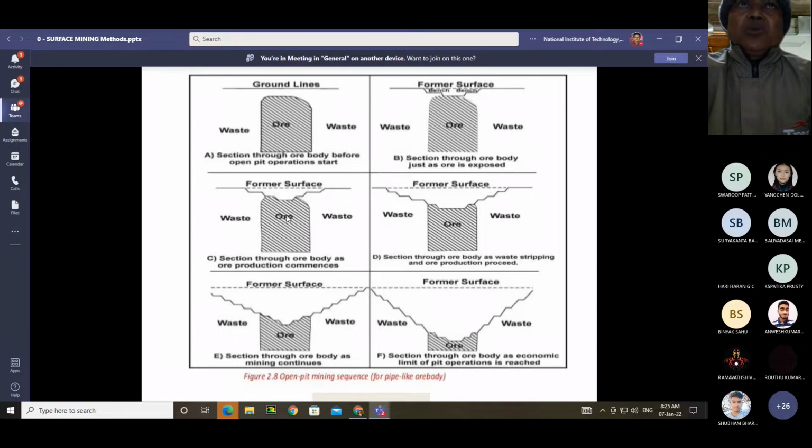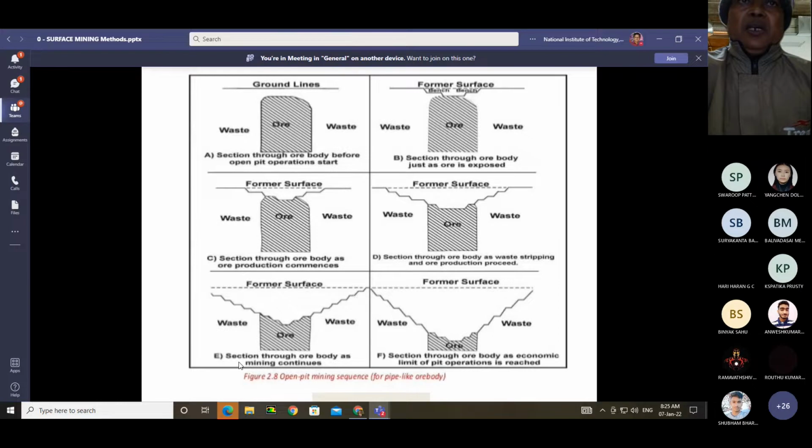Ore is produced. Then further you go down and get more ore. So section D through ore body, as waste stripping and ore production proceed. So you are removing the waste on both sides to get the minerals.